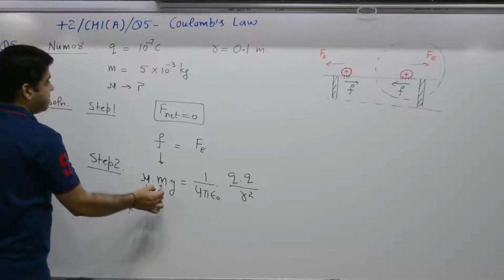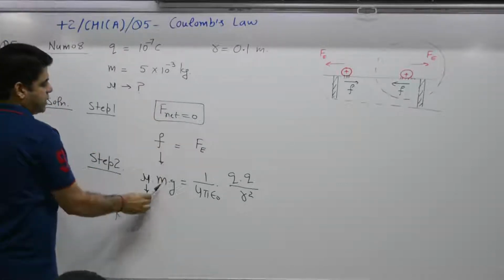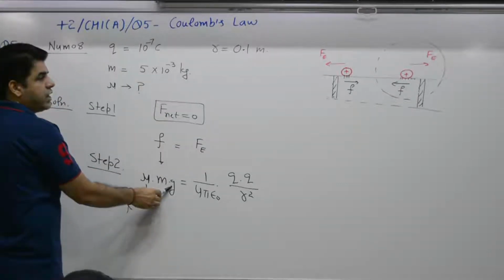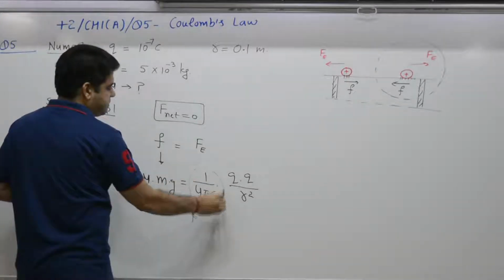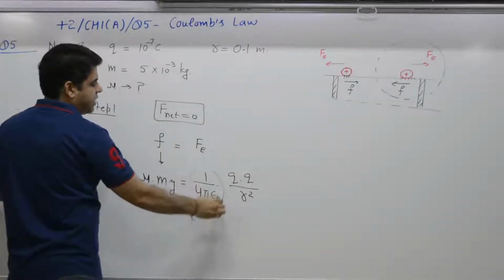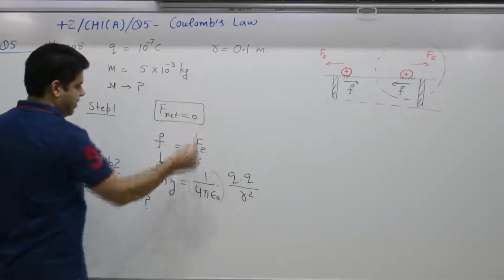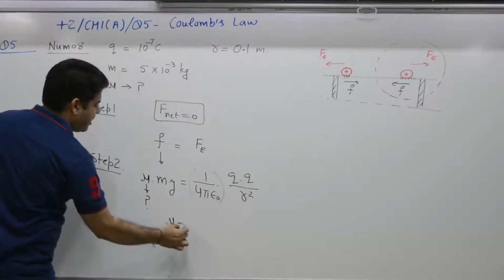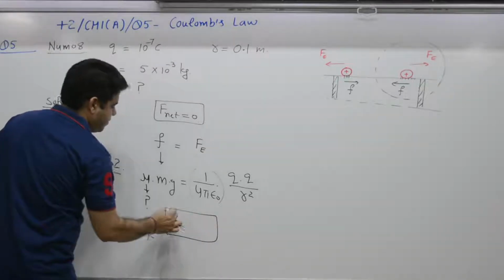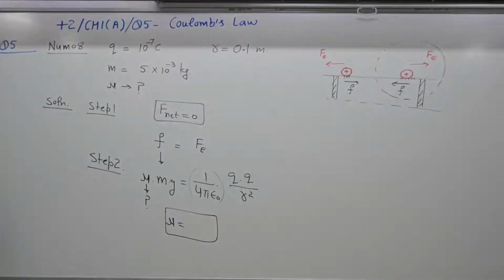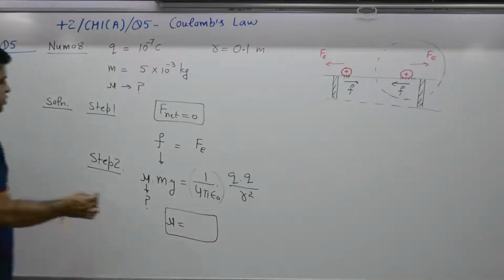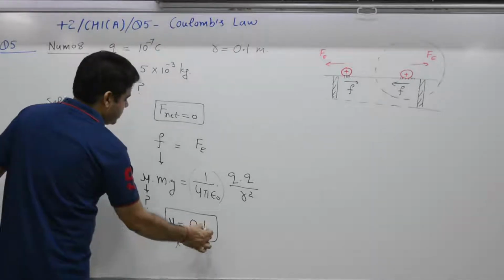Other parameters: mass of the object 5 into 10 power minus 3, G 9.8 or 10, 1 by 4 pi epsilon naught 9 into 10 power 9, Q 10 to the power minus 7, R 0.1. Solve and confirm that nu is equal to 0.18. Two minutes for calculation.